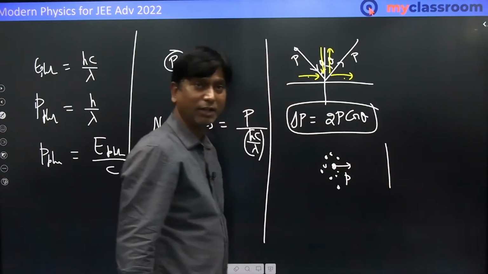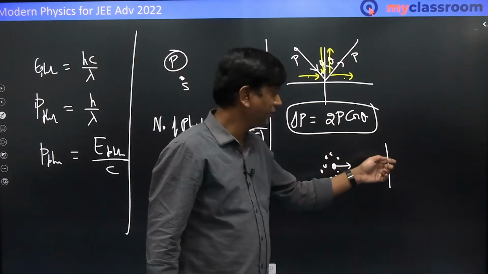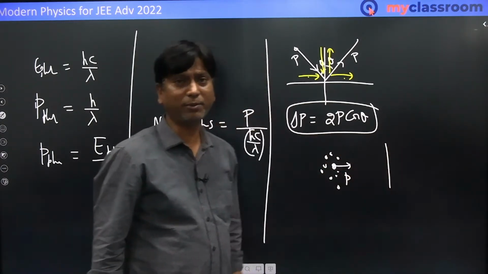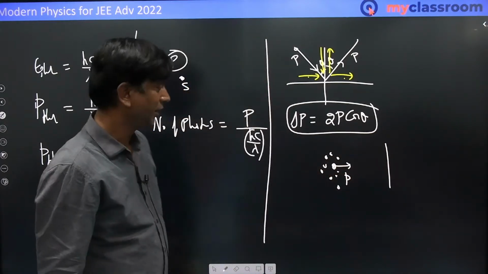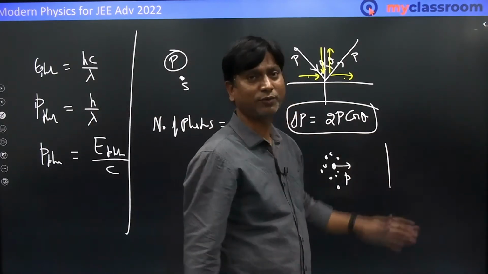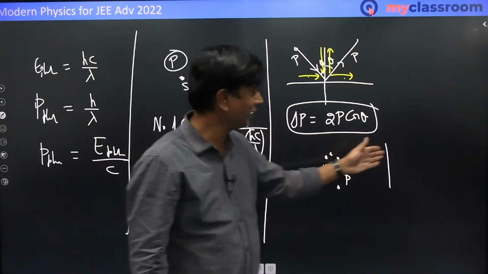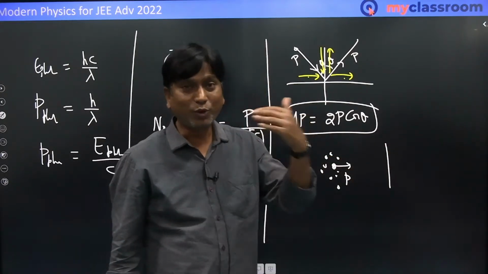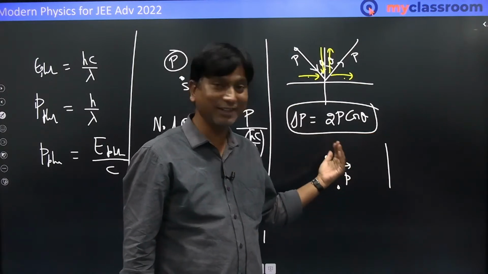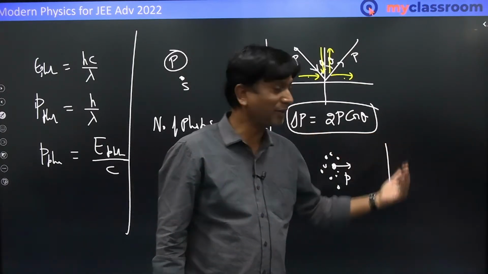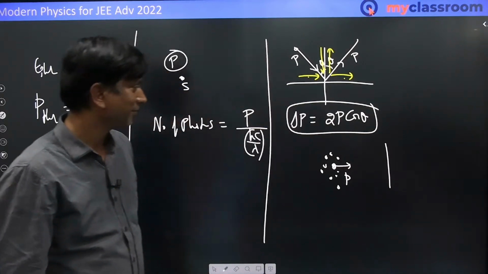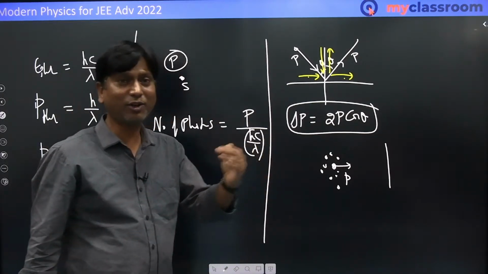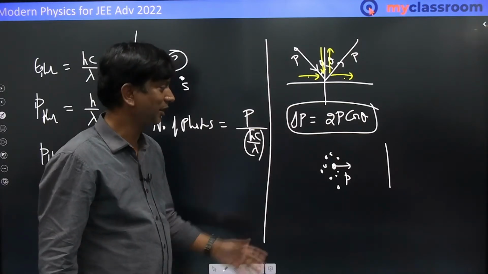When hitting, they can be reflected or absorbed. The surface can absorb the electrons or reflect them. The same goes for photons. Whenever photons hit the surface, they exert a force on it, and that force per unit area we call radiation pressure. So that is one more concept.